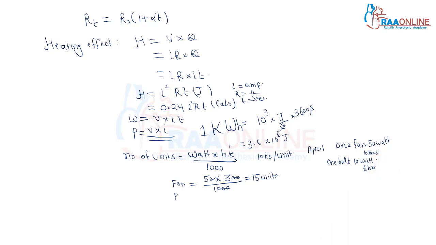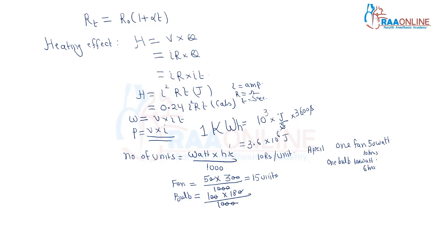Bulb, wattage is 100 watt. Daily 6 hours. In 30 days, 180 hours. Divided by 1000. Again cancel these 3 zeros.